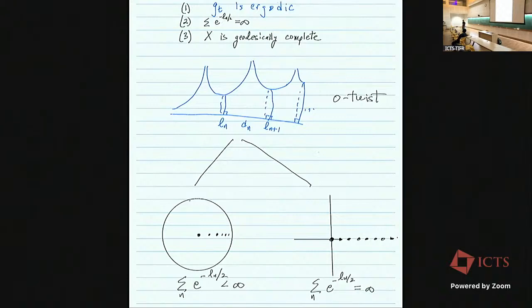Ahlfors's definition is that a surface is parabolic if its universal cover is conformally the plane, and it's hyperbolic if its universal cover is conformally the disk. This is what I always told you. Now you're quoting Ahlfors. For the other definition, Ahlfors never used it.